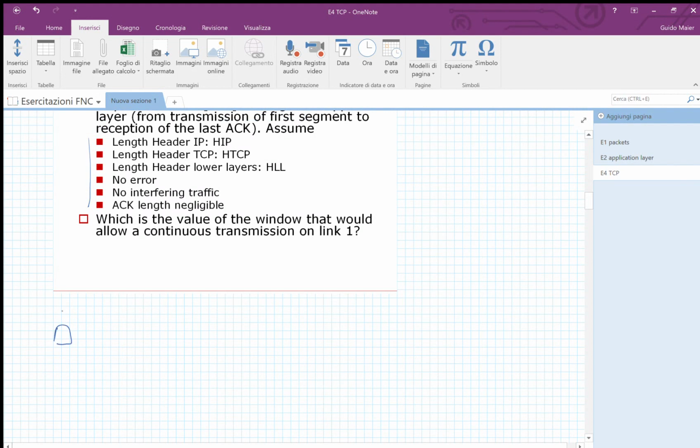Here you have A, the first link, the first router, second router, and then B. These are the capacities and propagation delays.